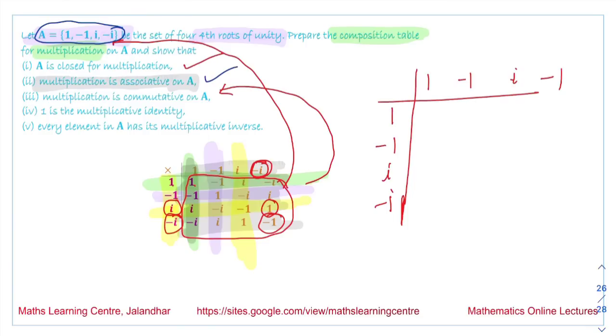It means what number I will multiply with 1 so that the answer I obtain is 1. I am interested in this number 1 over here. For minus 1, I am getting the number minus 1 over here. For iota, the number iota over here. For minus iota, I am getting the number minus iota over here.